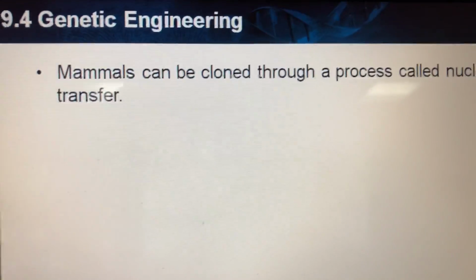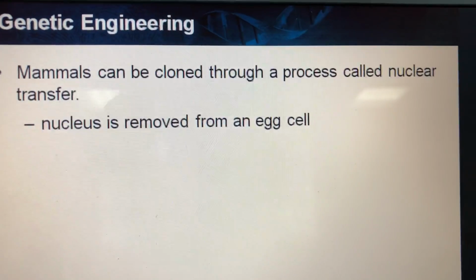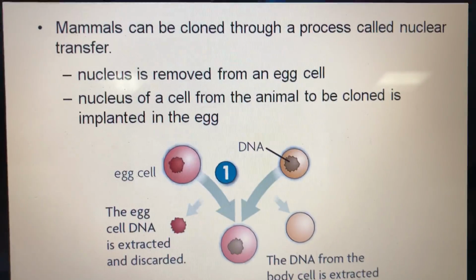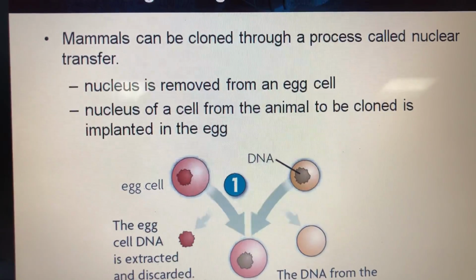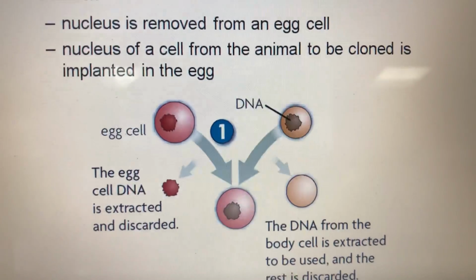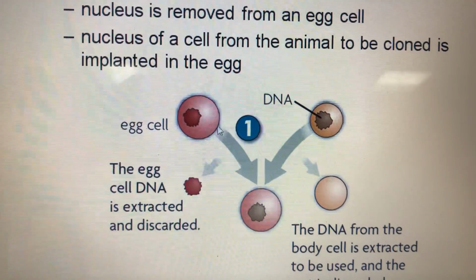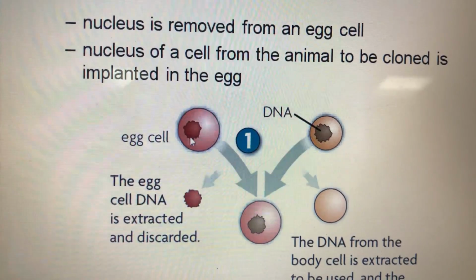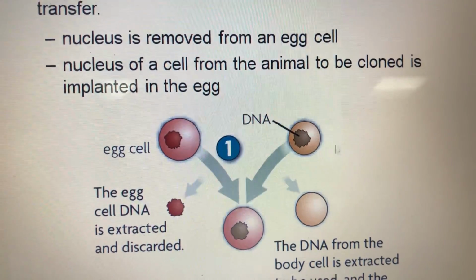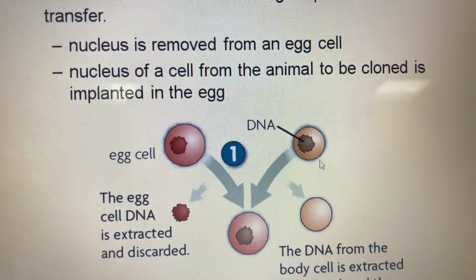They can be cloned through a process called nuclear transfer, in which a nucleus is removed from an egg cell of an organism, and a nucleus of a cell from an animal to be cloned is implanted in the cell. As you see here, this is an egg cell of, let's say, one sheep, and this is a body cell of the sheep that wants to be cloned.